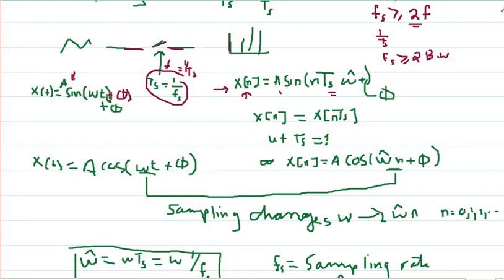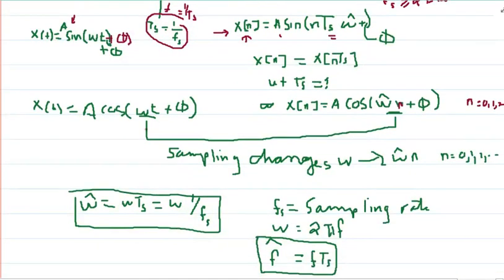If we let Ts equal 1, then we end up with x(n) = A cos(omega cap n + phi). So n is an integer: 0, 1, 2, and so on.